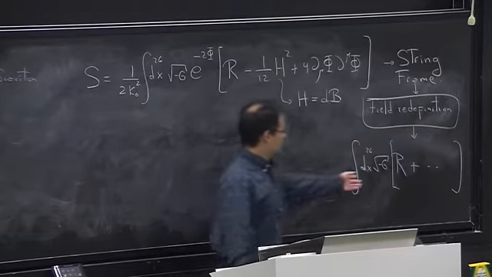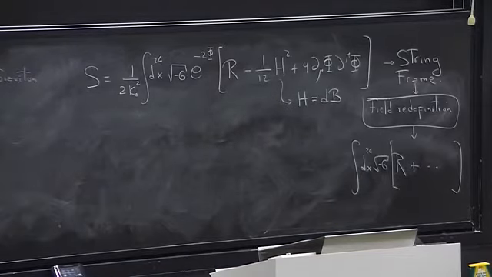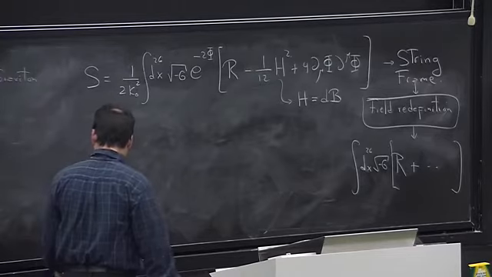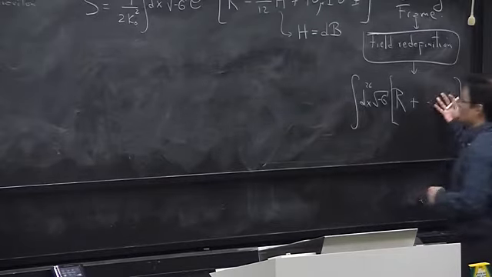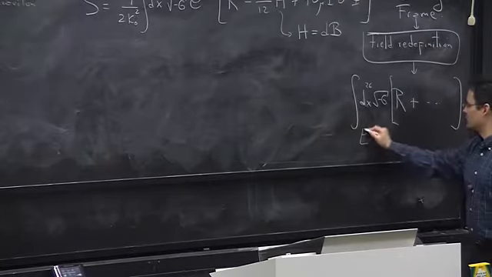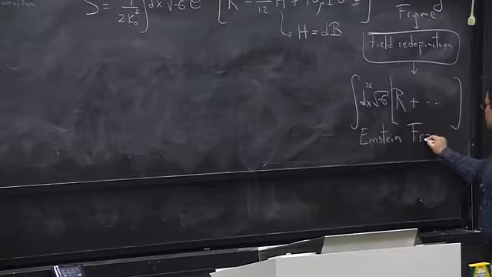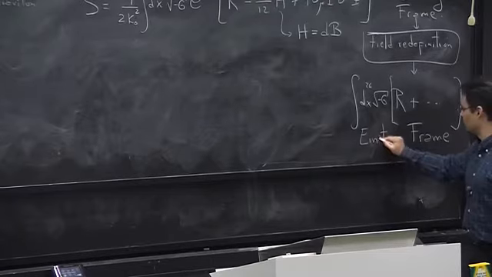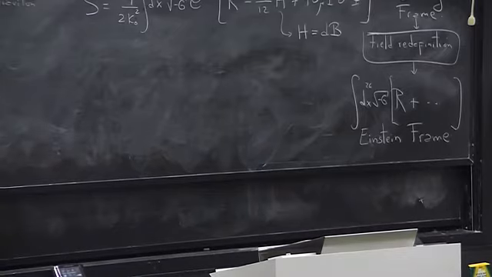And people give a name to this one: the Einstein frame. So be careful when people give you a metric or something in the context of string theory; you should always ask if it's in the string frame or in the Einstein frame. Okay? Very good.